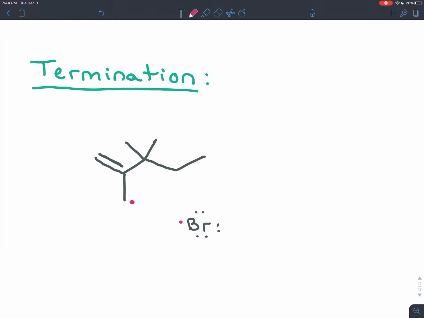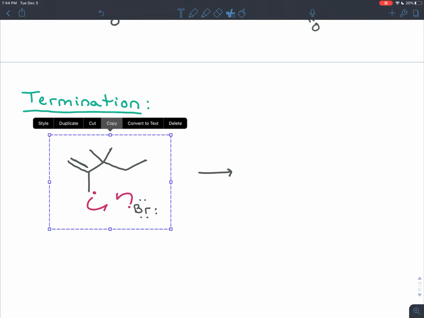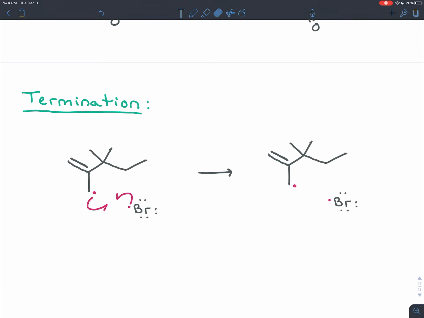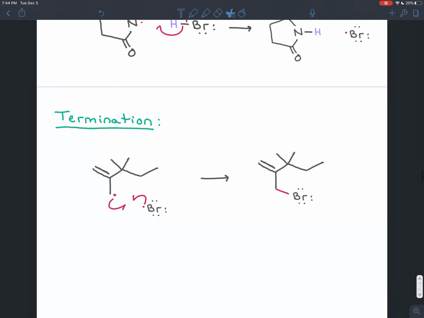And so that ends or terminates this reaction. The carbon donates 1 electron, the bromine donates the other, so you create a bond between those 2 atoms. And that's your product.